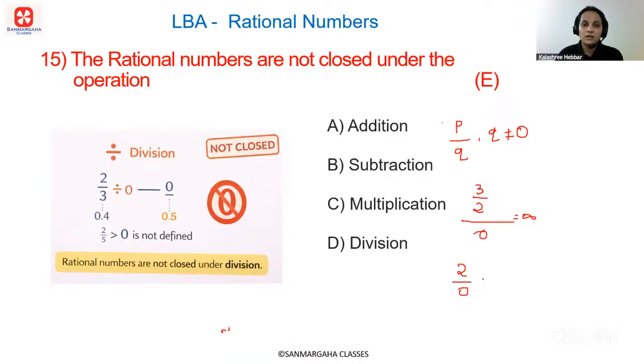So a rational number is p by q, where q is not equal to 0. So it is not closed under the operation division. The correct answer is option D, that is division.